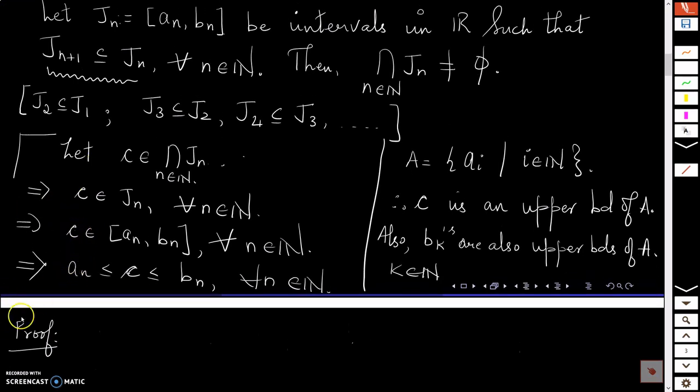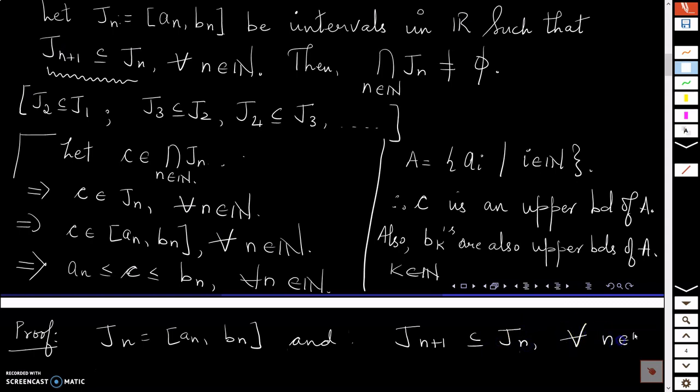So it's given to us that Jn is of the form closed interval [an, bn] for each n. This is one thing. And along with this, we know that Jn+1 is a subset of Jn, and this is true for all natural numbers n.